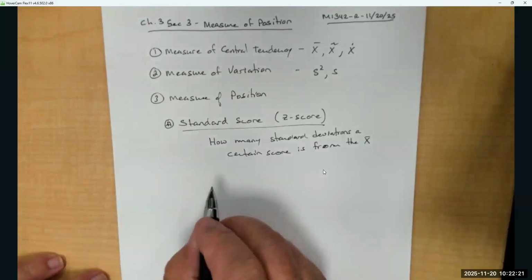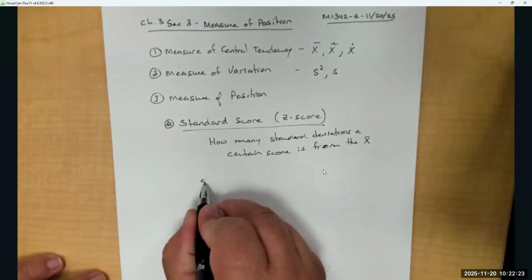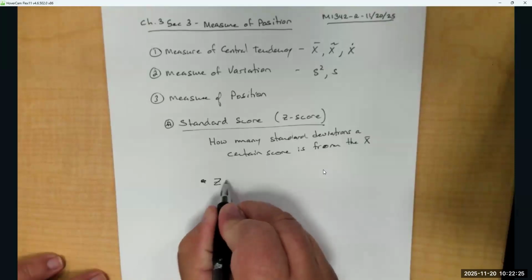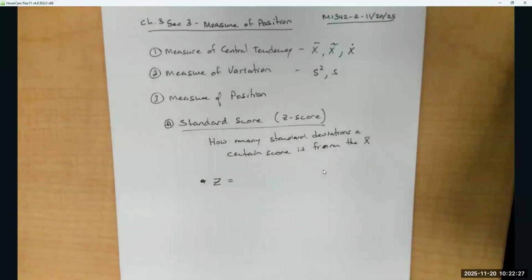The formula we're going to use for the Z-score... Later on in chapter 6, we're going to be using these scores to tell us how many percent of the data falls below that.